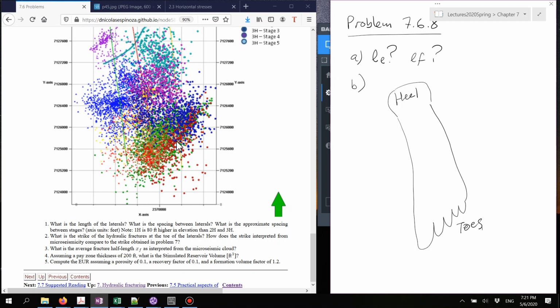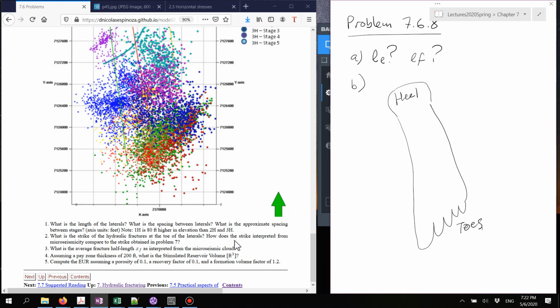These are vertical fractures, so the strike is going to be along this line. And if you know that this is the north, you can tell me exactly what that strike is, or not exactly, but approximately what the strike of that hydraulic fracture is.